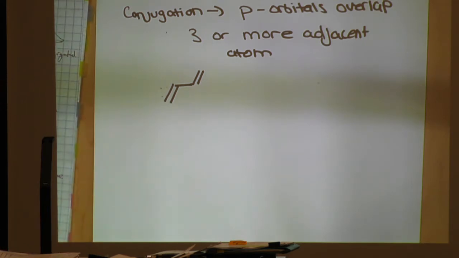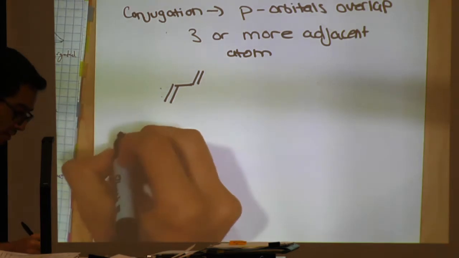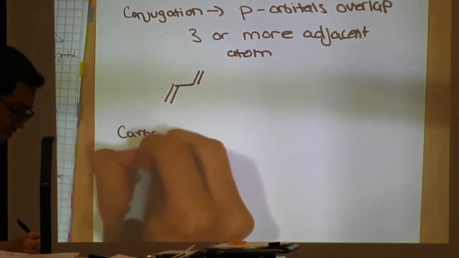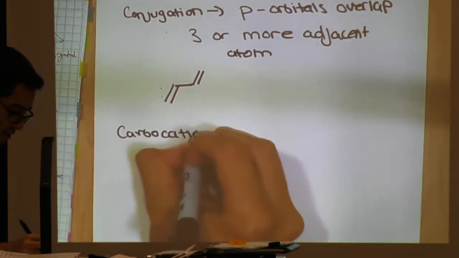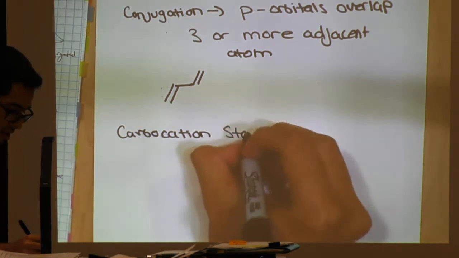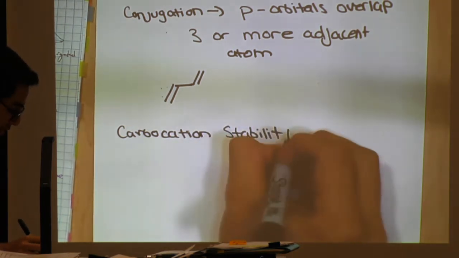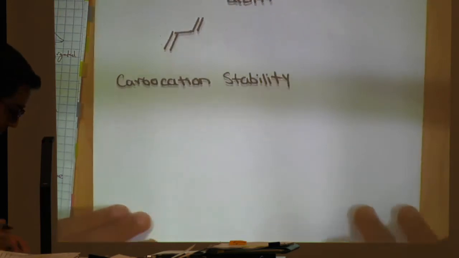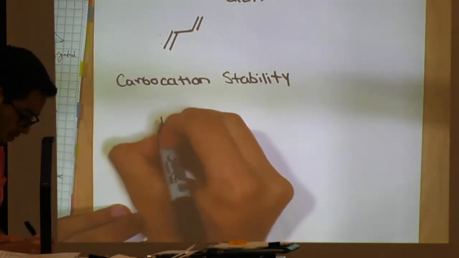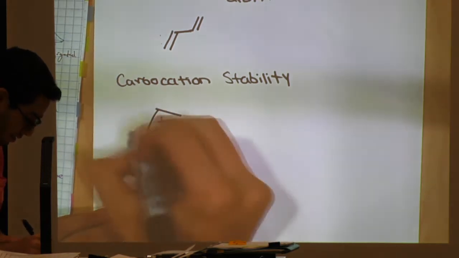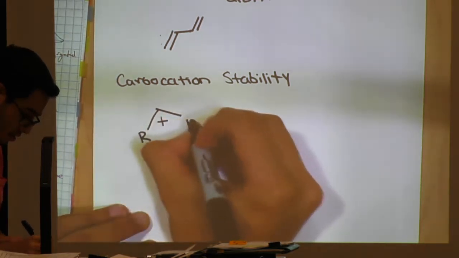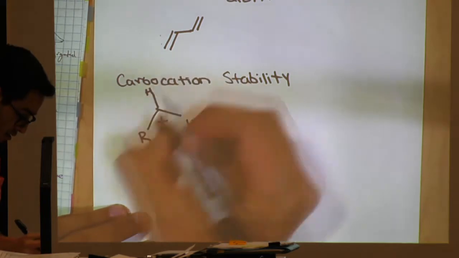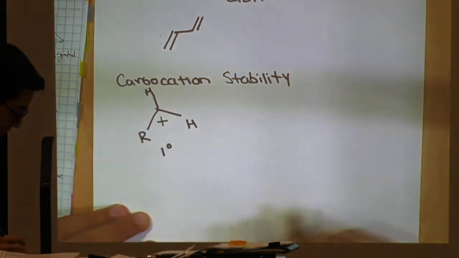So as far as when we're talking about the carbocation stability, you guys remember in Orgo 1 it goes primary, secondary, then tertiary, going off of when we have our carbocation looking like this. This one is known as primary.